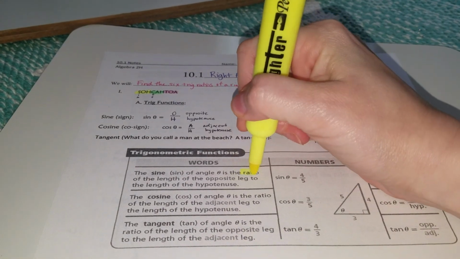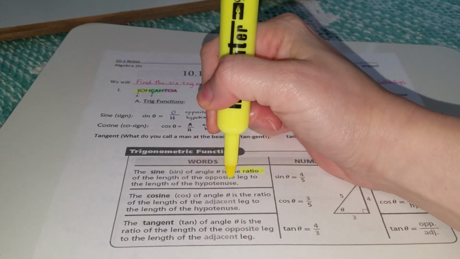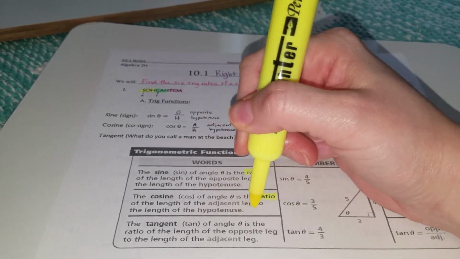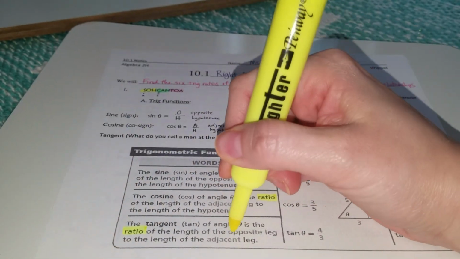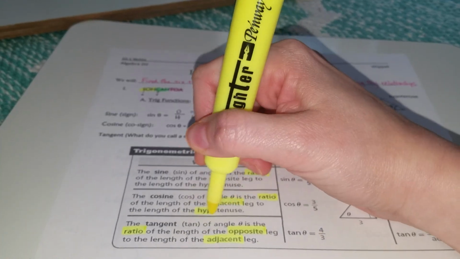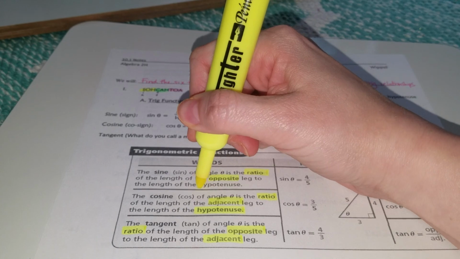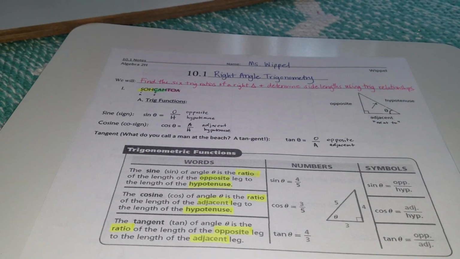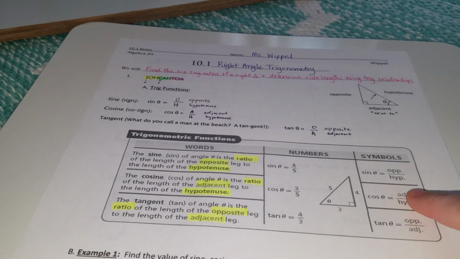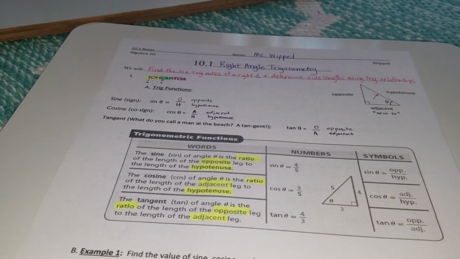So this is the ratio of the length of the opposite leg to the hypotenuse. This is the ratio of the adjacent leg to the hypotenuse. And this is the ratio of the opposite leg to the adjacent. Okay, and then this does give you an example, and this is what we just talked about up here.